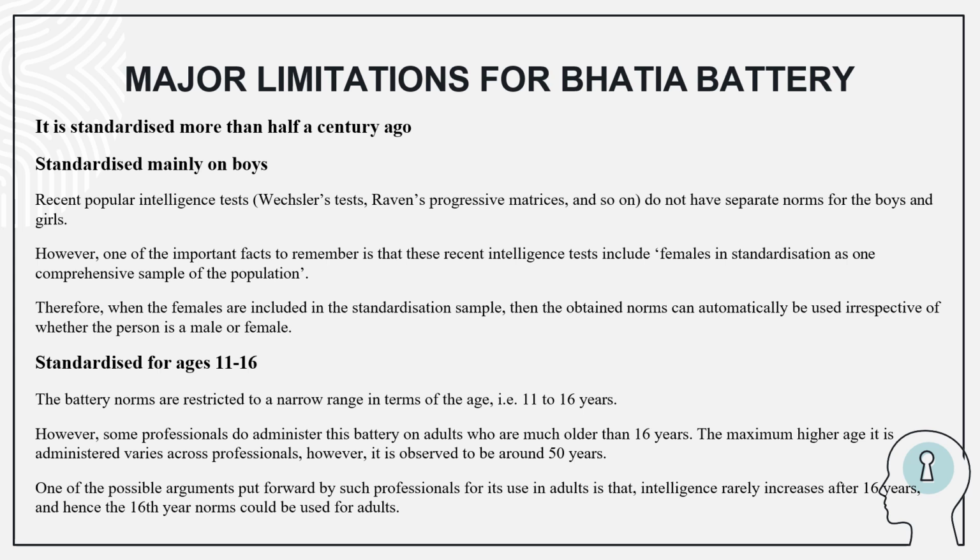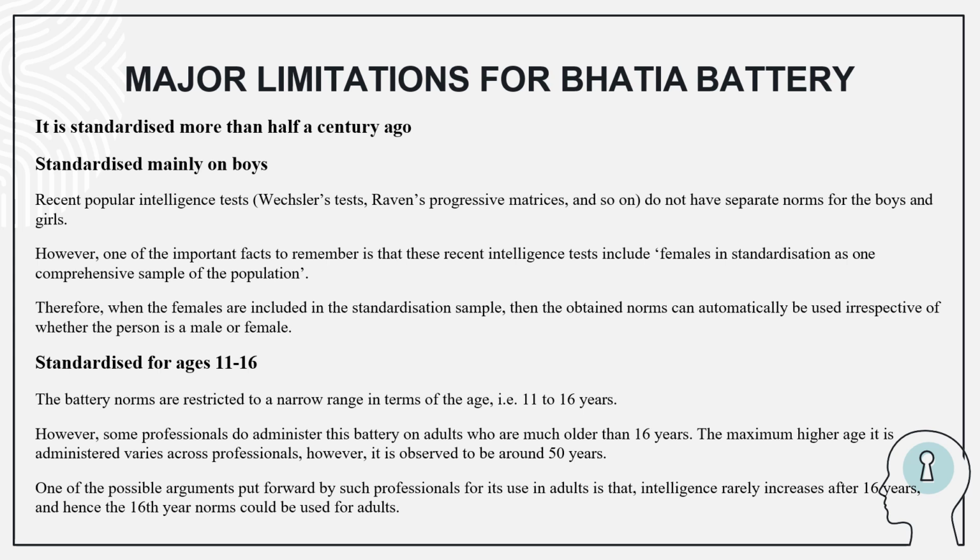They have included the entire population in the standardized form. Whereas when the Bhatia battery was done in 1950, they had only taken boys in the sample. Therefore, when females are included in the standardization sample, the obtained norms can automatically be used irrespective of whether the person is male or female.